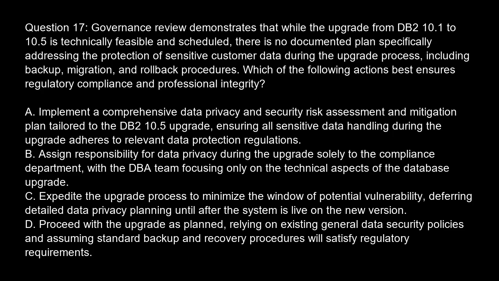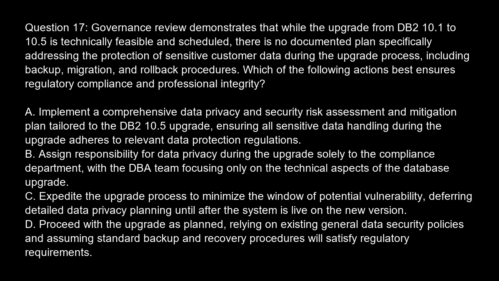Option A. Implement a comprehensive data privacy and security risk assessment and mitigation plan tailored to the DB2 5 upgrade, ensuring all sensitive data handling during the upgrade adheres to relevant data protection regulations. Option B. Assign responsibility for data privacy during the upgrade solely to the compliance department, with the DBA team focusing only on the technical aspects of the database upgrade.